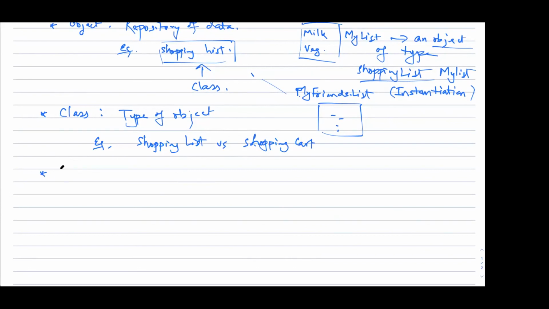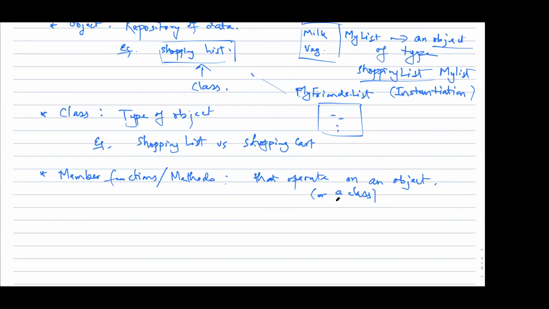So then what are member functions, often referred to as methods? They are functions that operate on an object or a class.